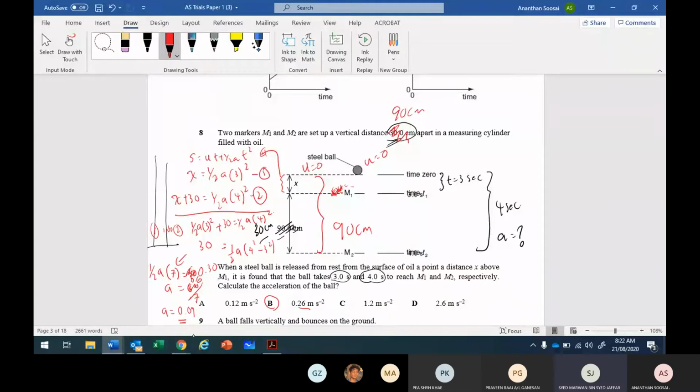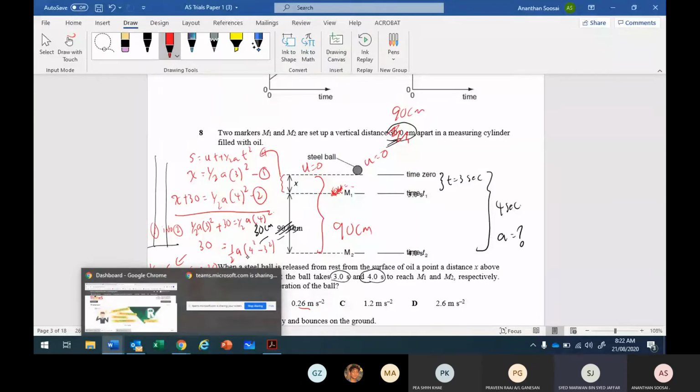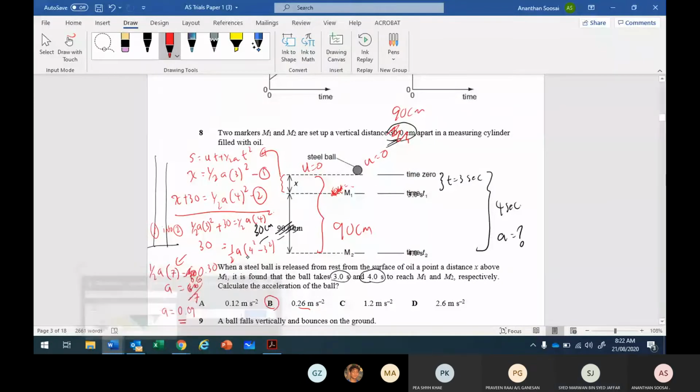So this is an error, but this is the method you have to follow. Any questions? No. Okay.